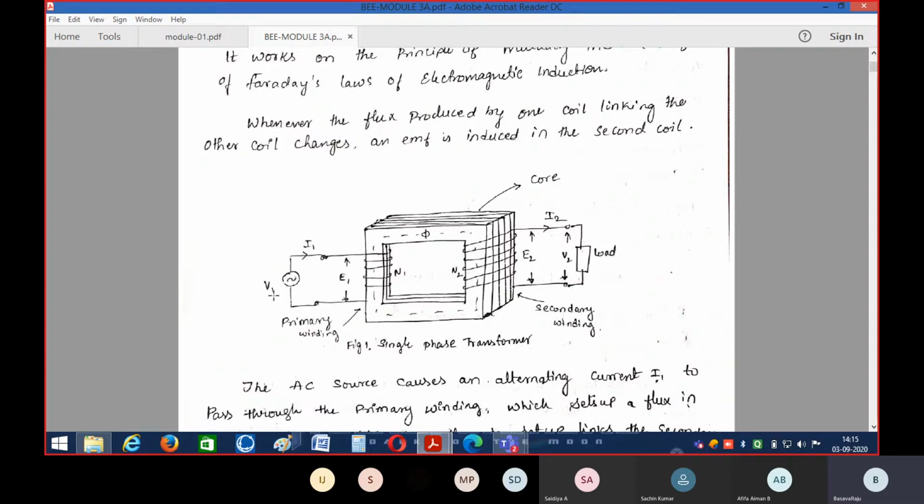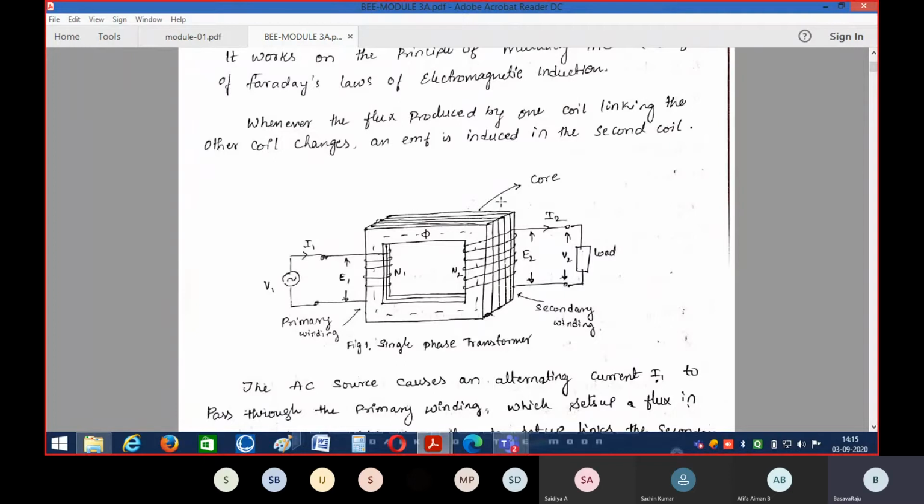Whenever you give the sinusoidal input voltage, the current flowing through the transformer is sinusoidal, and the flux produced is also sinusoidal. Inside this rectangle, the dotted line represents the sinusoidal flux, which is represented with the letter phi.